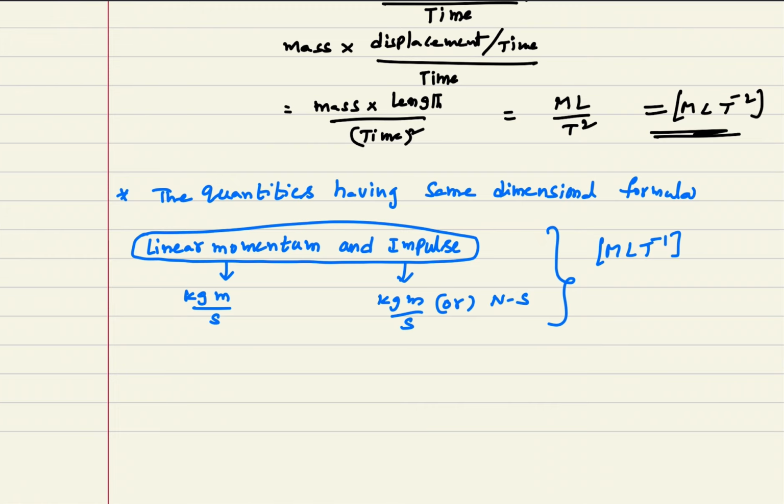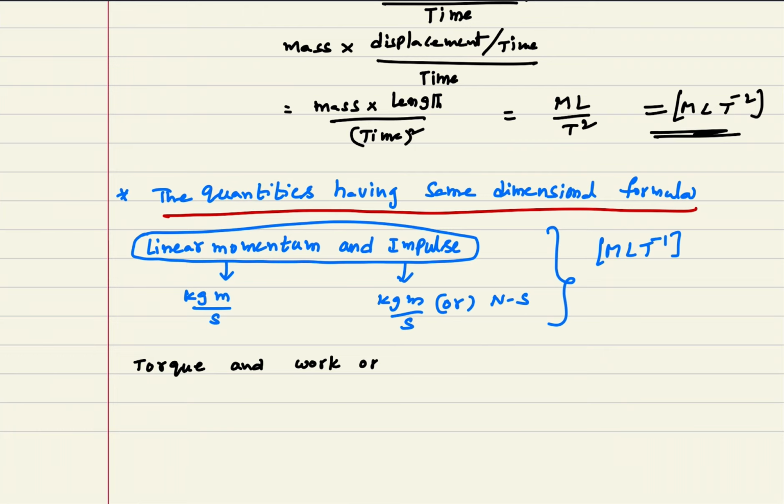Similarly, this I am taking as one point. Next one, if I take torque and work or energy, any energy, kinetic energy, potential energy, whatever may be the energy. Torque unit is Newton meter.